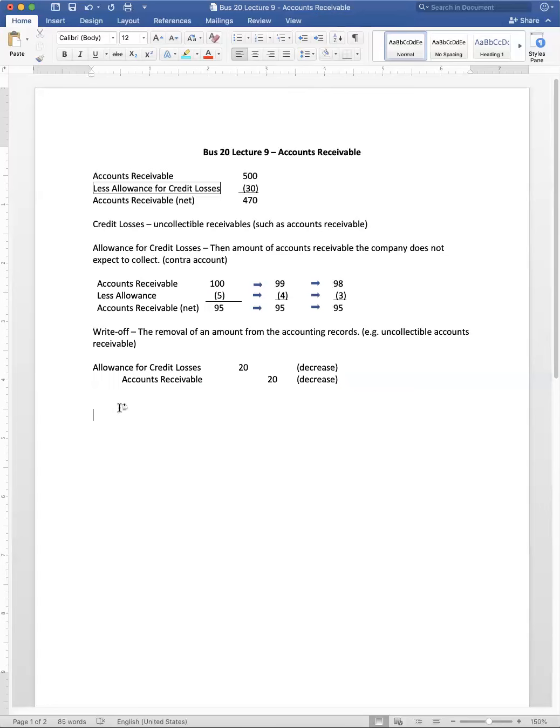So at year end, we make an adjusting journal entry to update the allowance.